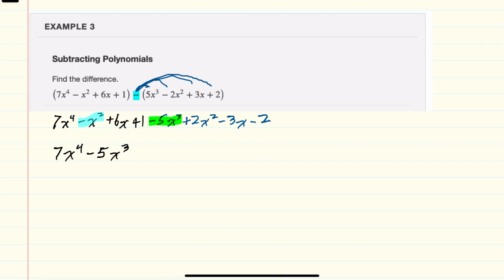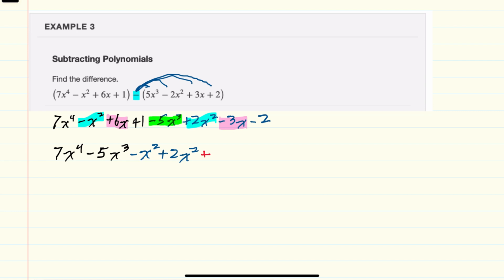However, I do have two x squared terms, so I should write those next to each other. So we have a minus x squared and a plus 2x squared. After the x squareds would be our regular x's, and I again have 2, so I'll write those next.